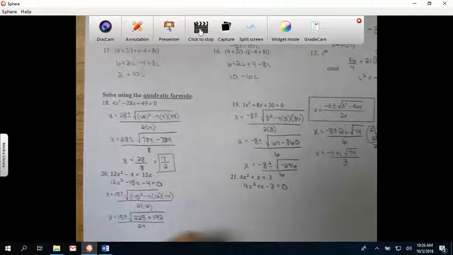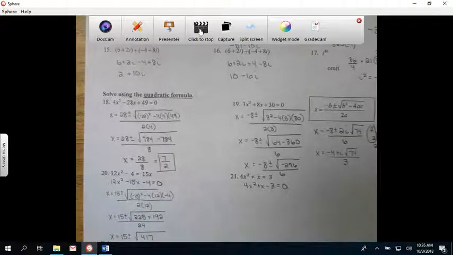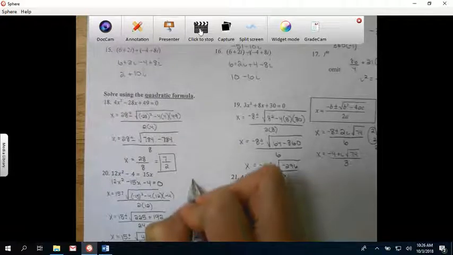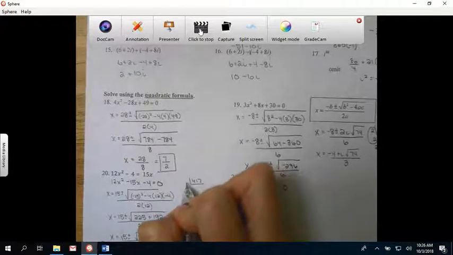So let's go ahead and continue to simplify. So 225 plus 192 gives me 417. So if I'm going to try to break 417 down, I need to see if it is divisible by any numbers. So let's go over here, 417, let's divide by 3.